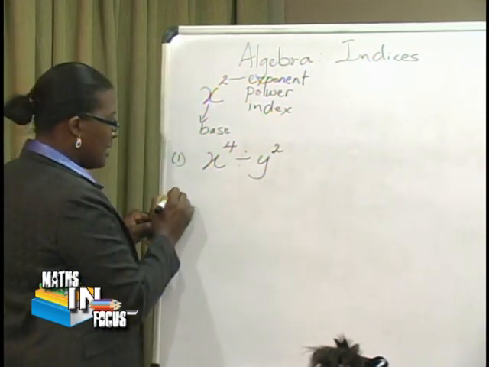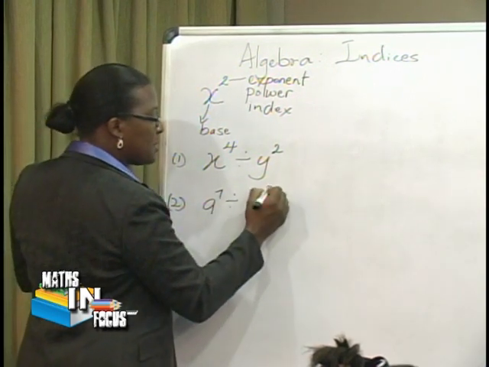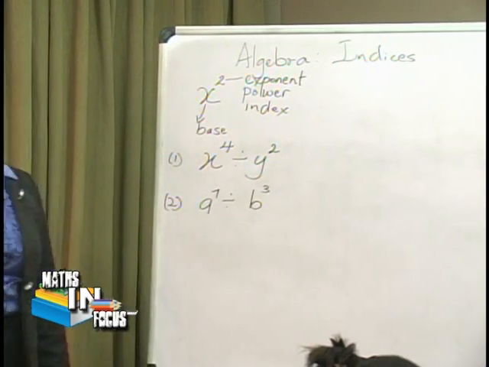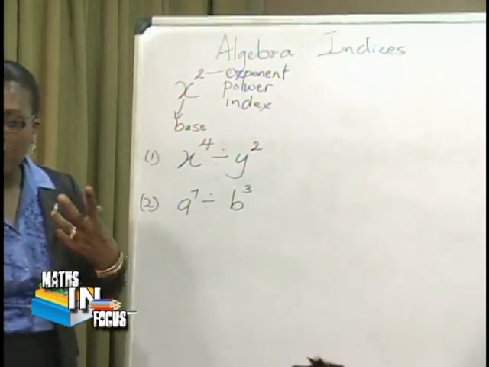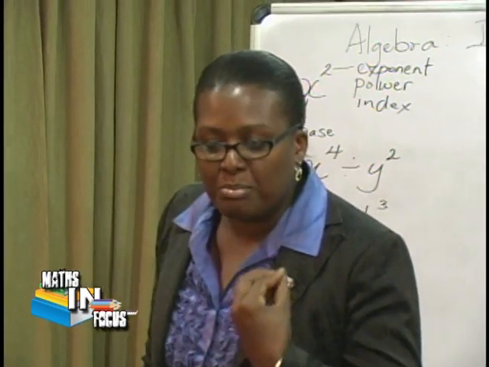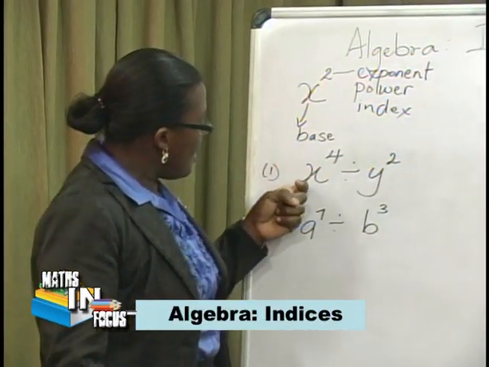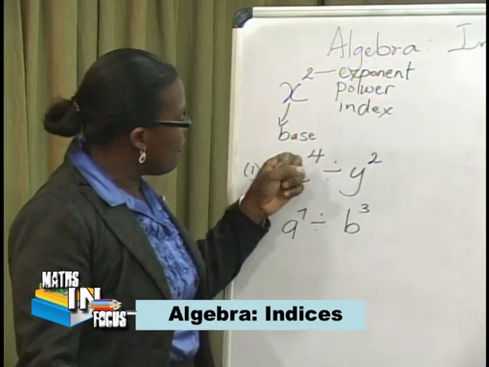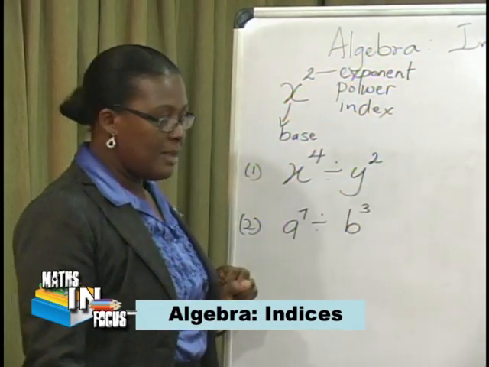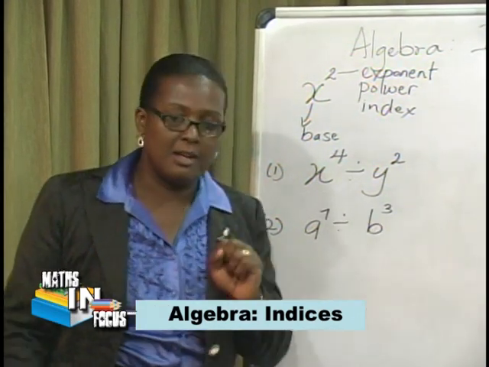In our second case, we have a to the seventh being divided by b to the third. So the first question you should ask yourself: are the terms or the bases the same? We have an x term here and we have a y. X to the fourth, y to the second. Here we have an a to the seventh and a b to the third.